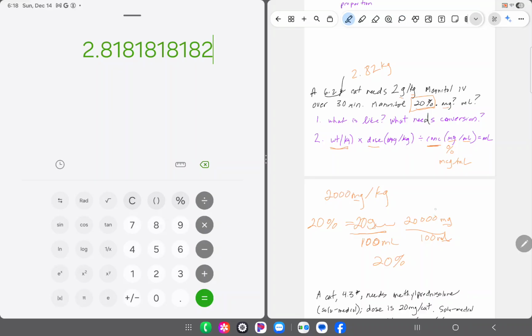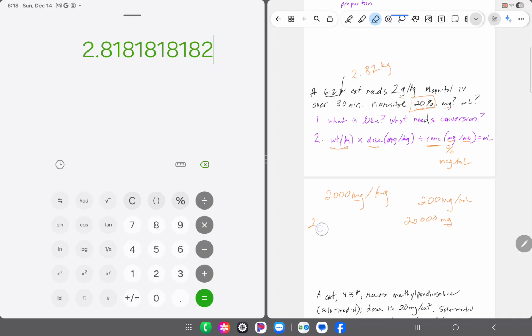We like mig per mil. Now we're going to take away some zeros because that will land me with 1 mil. I like everything to be in just 1 mil because it has to be per mil so I can get an answer. So now I've got 200 mig per mil. Perfect. And that makes sense.